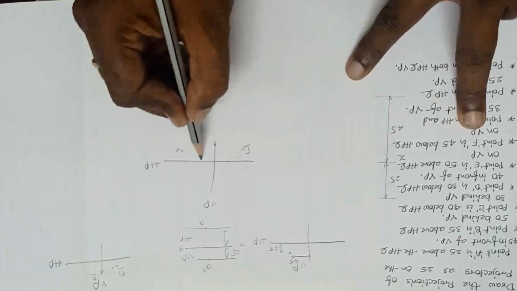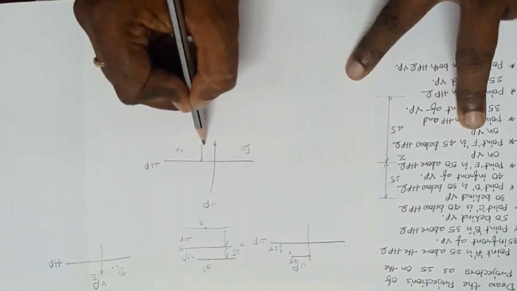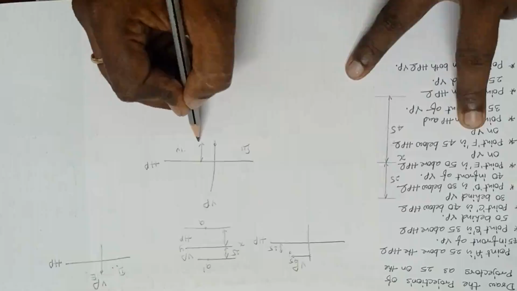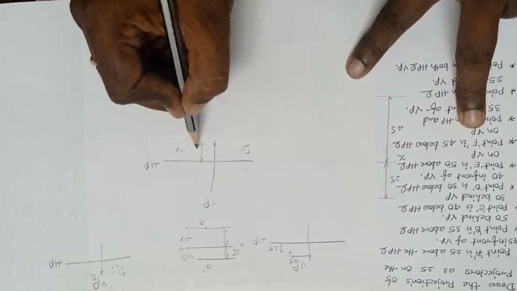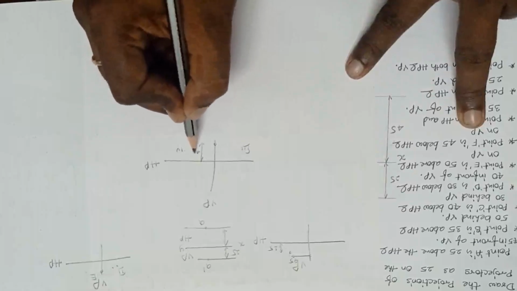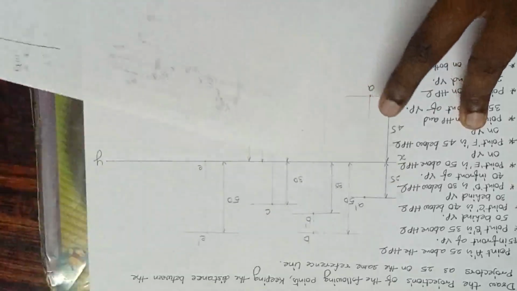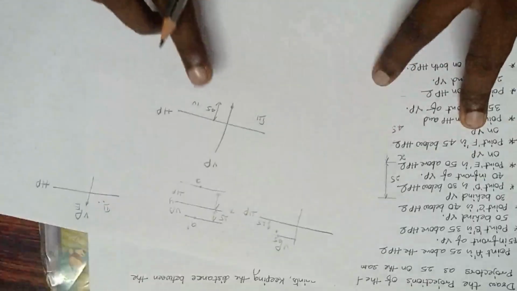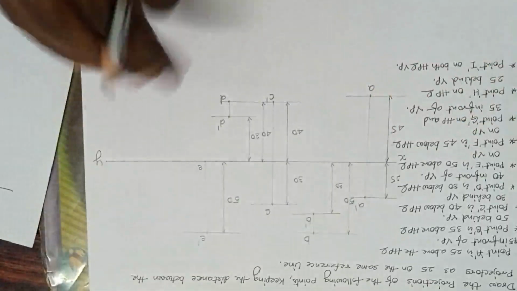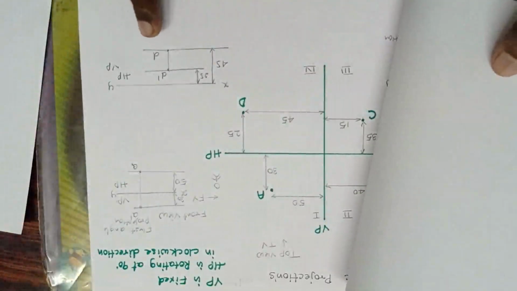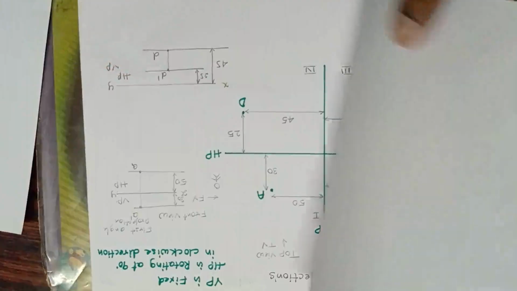Distance from the HP is how much? 45. So I can draw either in the fourth quadrant or in the third quadrant. So I'll use the fourth quadrant such that both HP and VP are below.